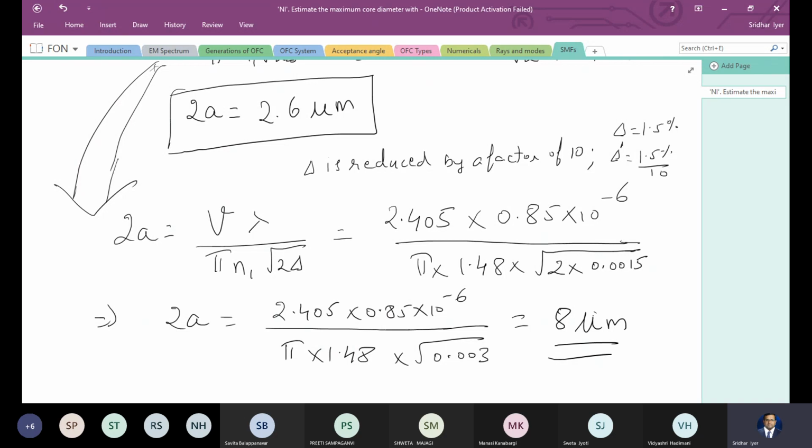So this implies that reduction in the index difference is going to increase the core diameter. When you increase the core diameter, the advantage is that you can use an LED as a source, so that the system becomes cheaper. But you may not be able to use a single mode fiber because the radius of the core of a single mode fiber has to be a very less value.